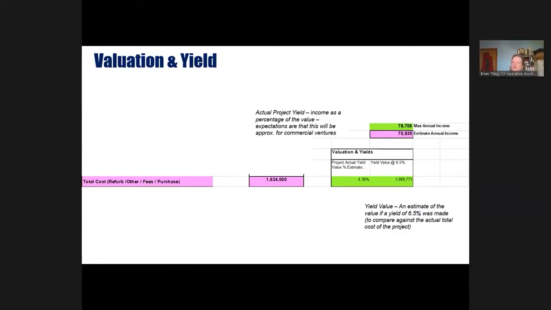We base the yield on the actual cost rather than the cost less the grants, because the grants are sort of in the mix really. So that's the yield section, and from first glance here, you could say it's not viable. But one of the things we do know is that this is really the price it's worth based on that turnover. So anything above that would have to be grant funded, or you've got a good case to grant fund it.